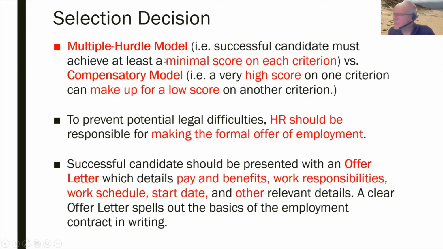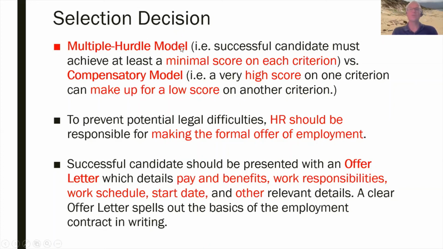Let's say I'm interviewing for an instructor, and one of the things I really want is teaching experience. Under a multiple hurdle model, candidate A has some teaching experience and not great work experience. Candidate B has no teaching experience but excellent work experience.